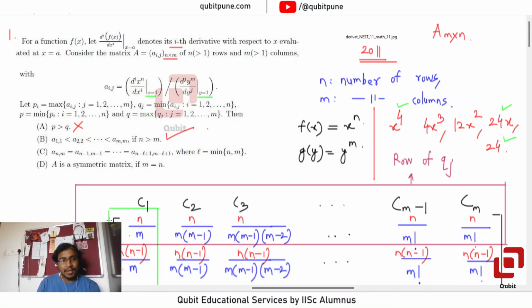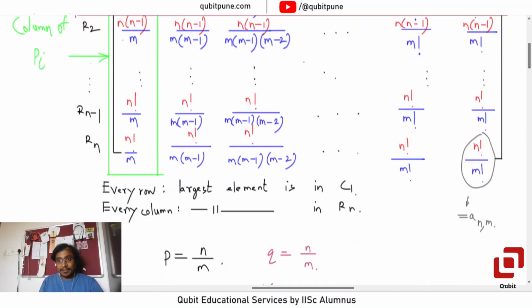If M is equal to N, then N and M would be same, so this one will become 1, N upon M. But what about R1C2 and R2C1? Here we will have N into N minus 1 upon N, so that would be N minus 1, and here it would be N upon N into N minus 1, so it would be 1 upon N minus 1. Got it?